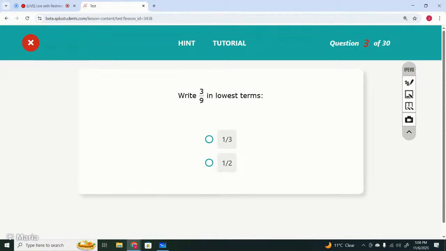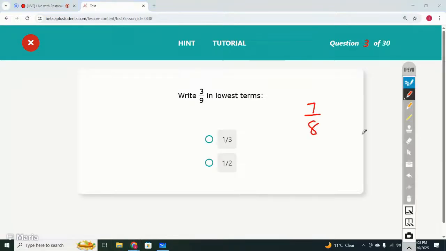Write 3 by 9 in lowest term. So divide 3 by 9 by the greatest common factor. The greatest number that can divide both numerator and denominator is 3. Let's just divide them by 3. 3 divided by 3 is 1 and 9 divided by 3 is 3.